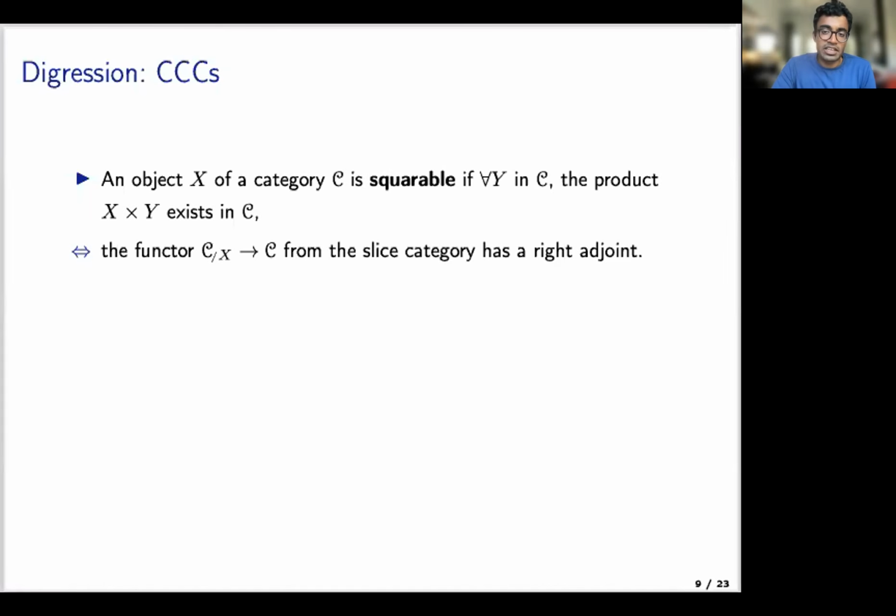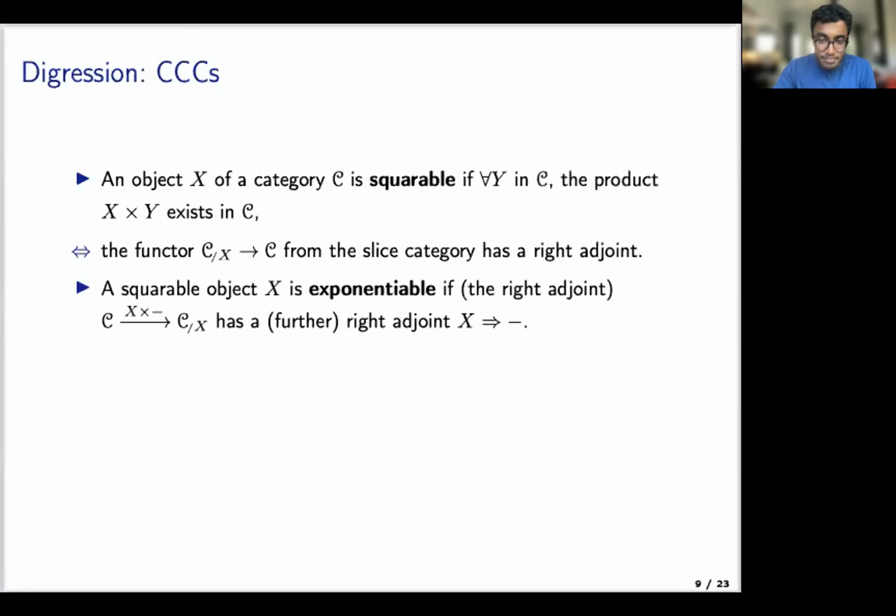I'll say that an object of a category is squareable. I don't really like the terminology, but it's not clear for me. If binary products with that object exist in the category. This is the same thing as saying that the obvious functor from the slice category that just forgets the codomain, right? So a map from y to x, you just spit out the object y, that has a right adjoint.